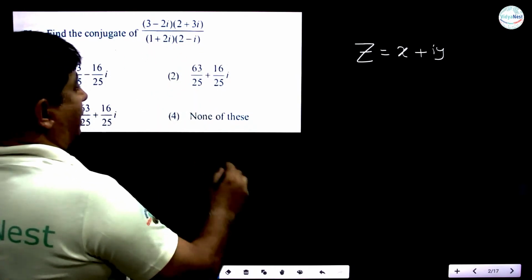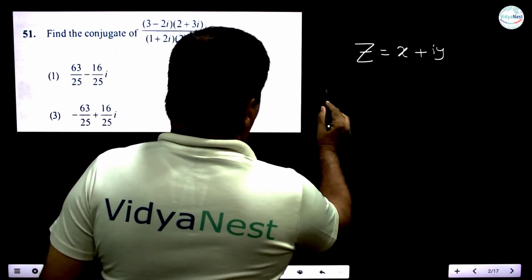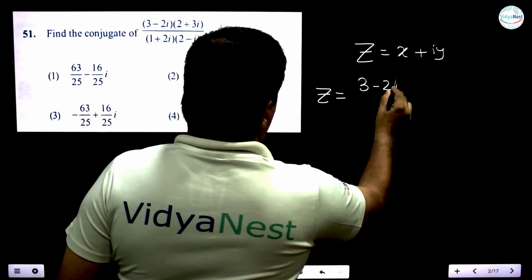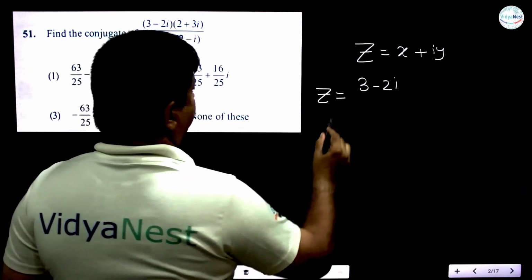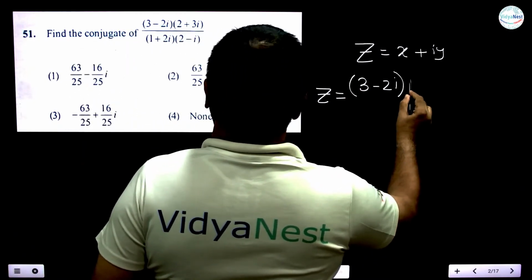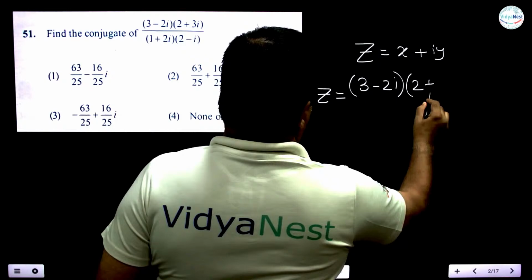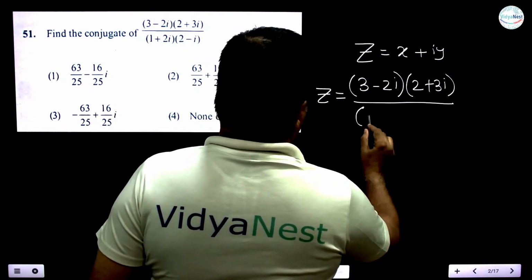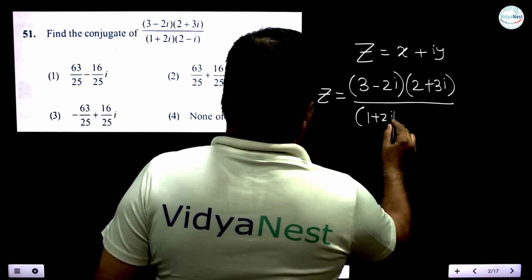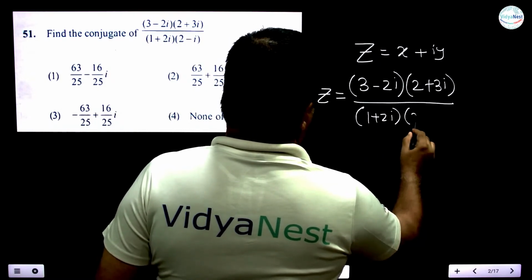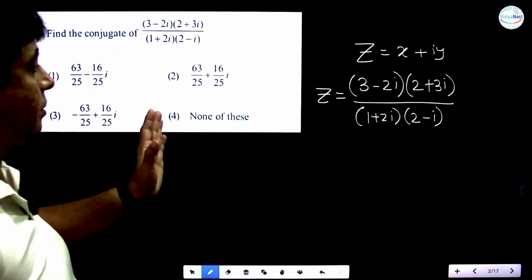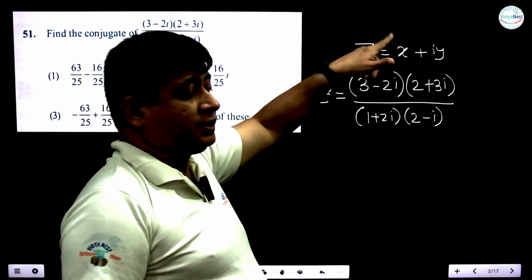First you multiply. This is given, convert it into x plus iy.